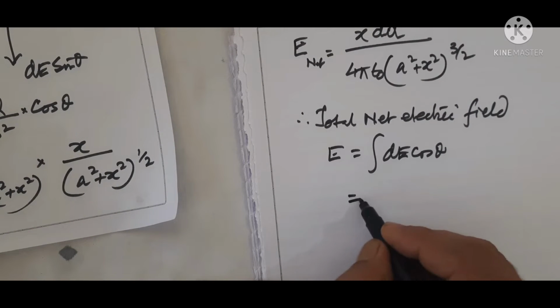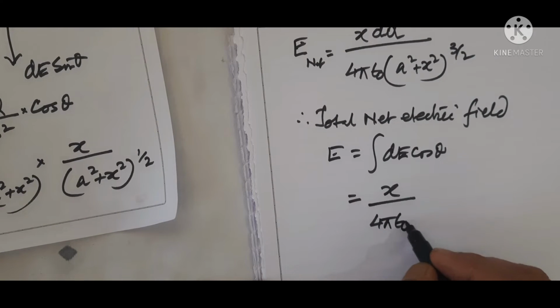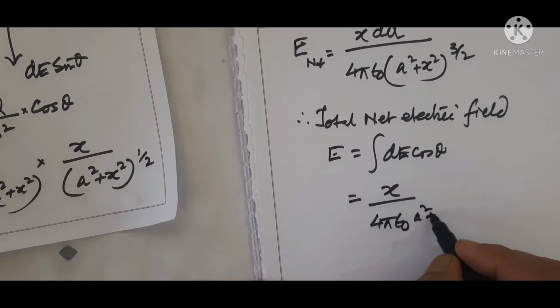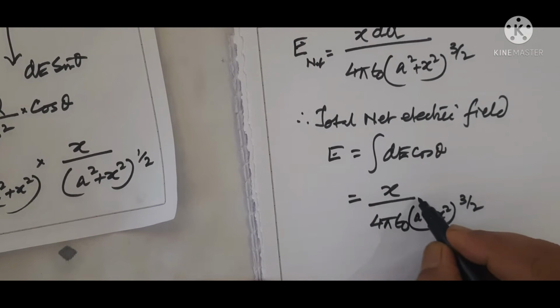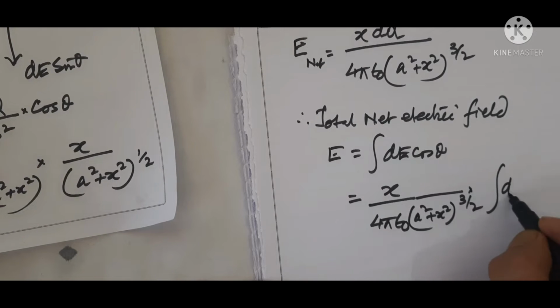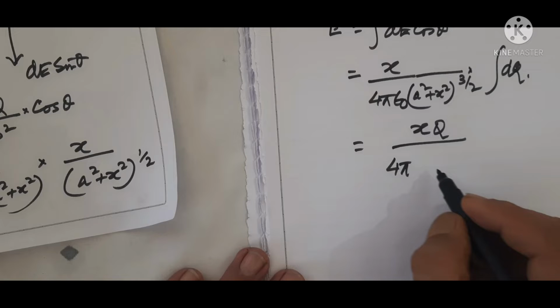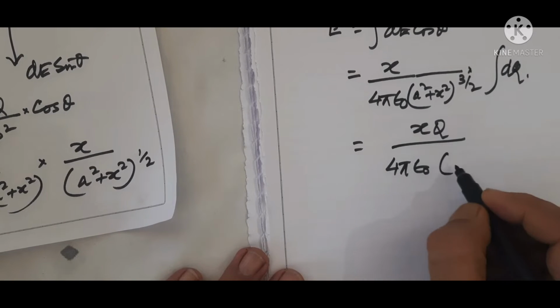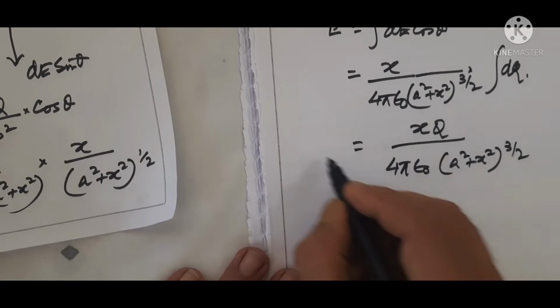If you are going to integrate, we will get x by 4 pi epsilon naught, (a square plus x square) whole to the power 3 by 2, into the integration of dq, is equal to x q by 4 pi epsilon naught, (a square plus x square) whole to the power 3 by 2.